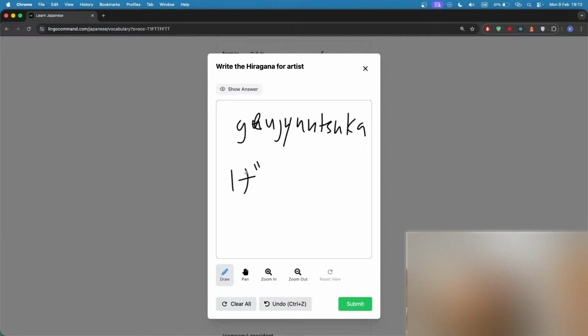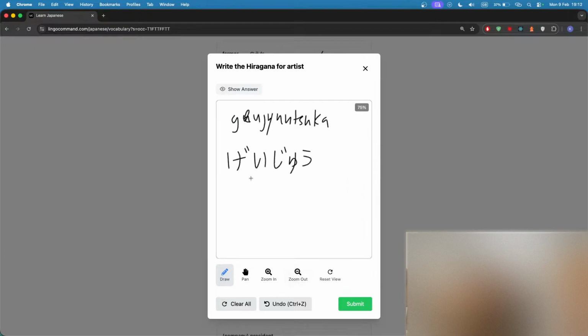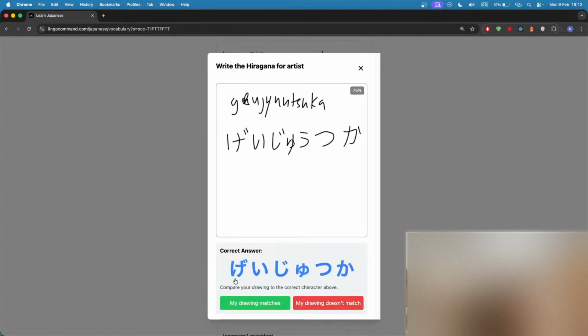When you apply dakuten, it becomes ge. Gei. Ju. I think we have an additional small character here, so it's gei ju. Sorry, please excuse the cough. This is tsu, and then this is ka. So it's geijutsuka. Let's take a look. Geijutsuka. Geijutsuka.